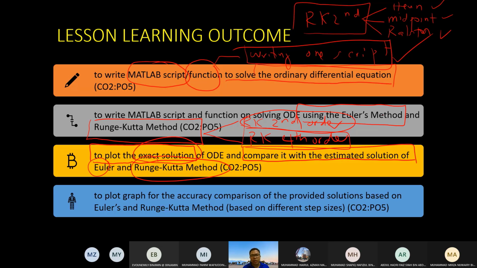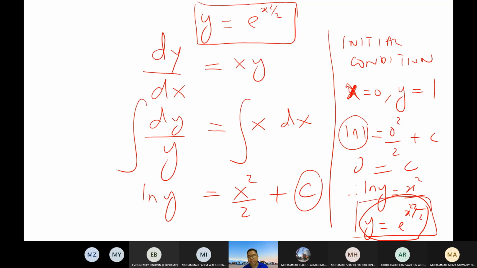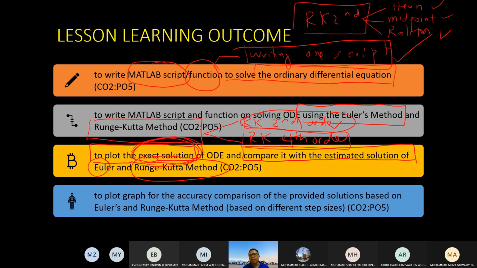So again, I want to mention that the exact solution is based on your mathematical knowledge, where you solve the equation exactly and you get the solution like this. So this is not done by numerical approach. The numerical part is only done by this part, which is to estimate the solution by Euler and Runge-Kutta.